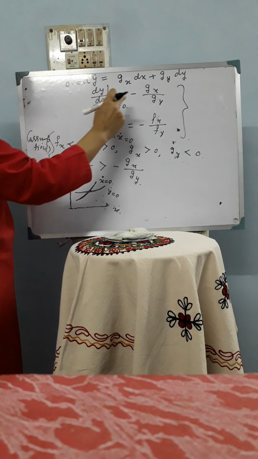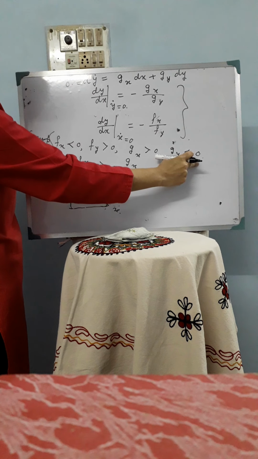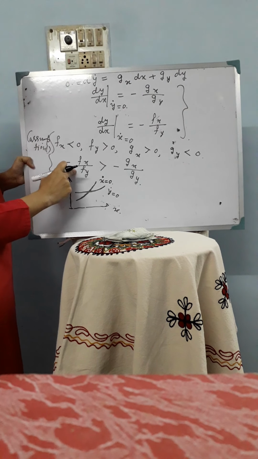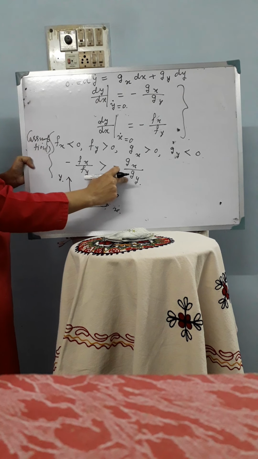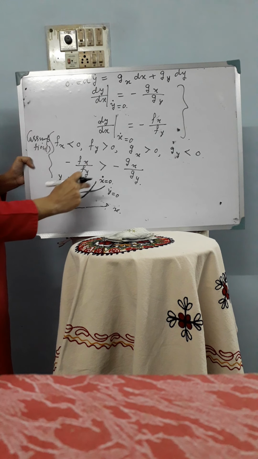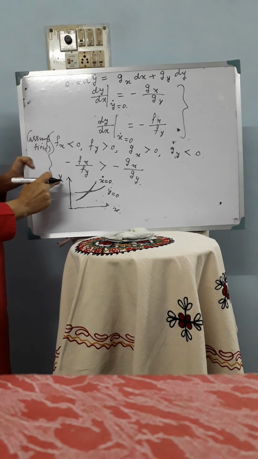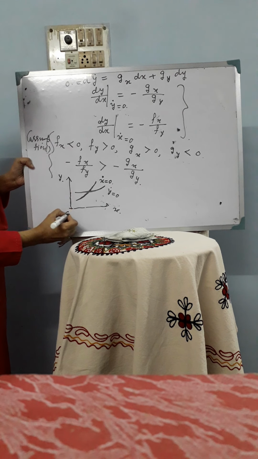And moreover we have assumed that minus fx by fy is greater than minus gx by gy. So we can say that the x dot is equal to 0 curve is steeper than the y dot is equal to 0 curve. So these are the two curves that we can draw in the xy quadrant.